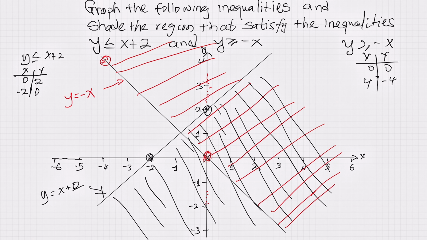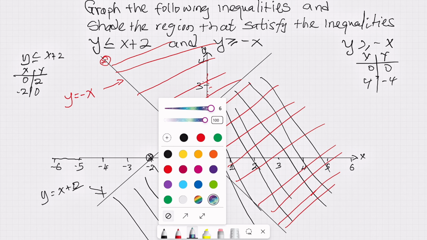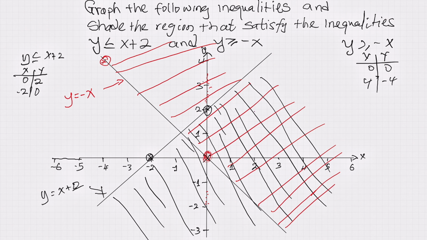And if we want to look at the solution of these two inequalities, the solution will be this intersection, this section over here. So this section right over here is the region that satisfies the inequality.